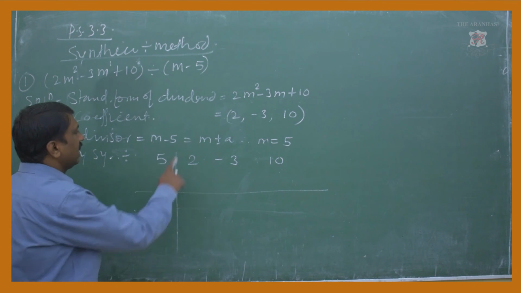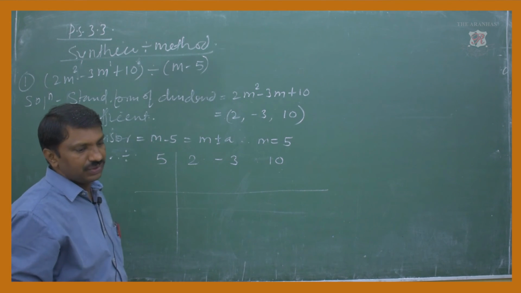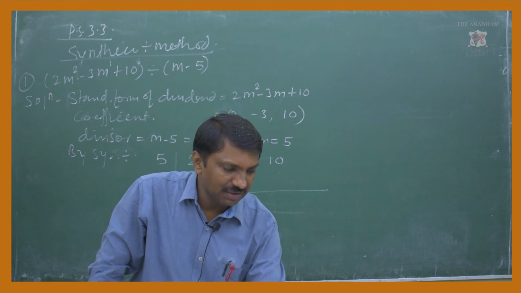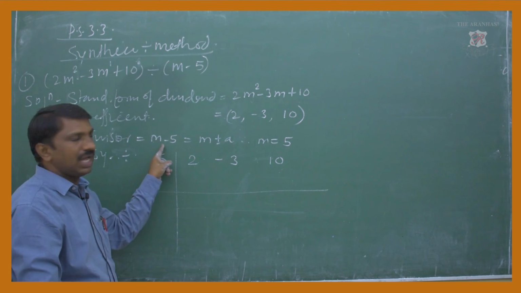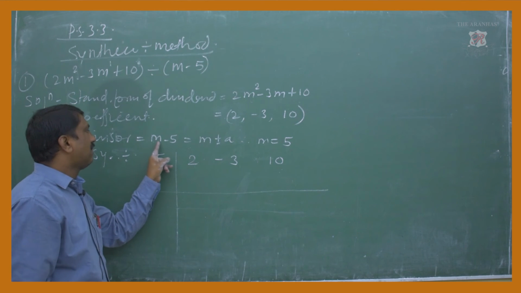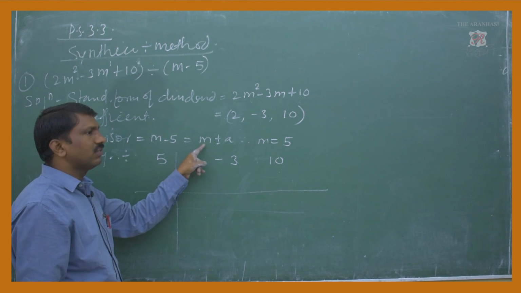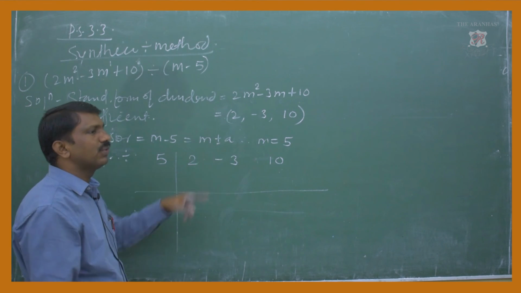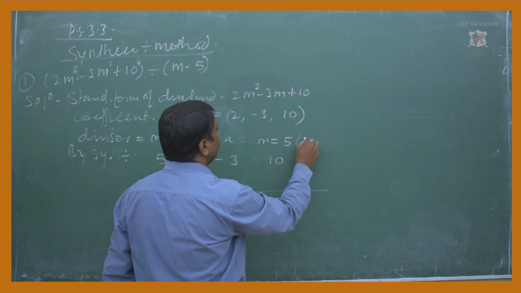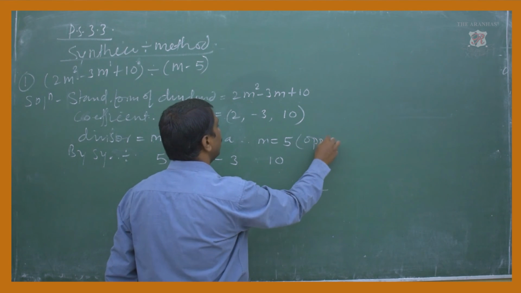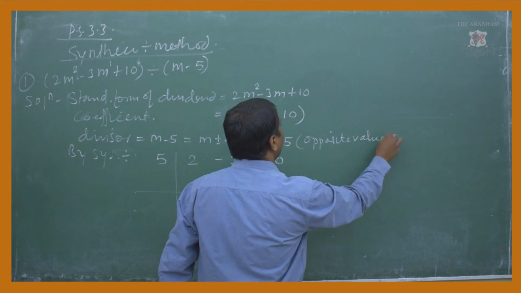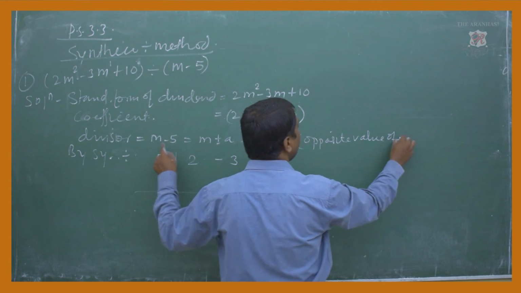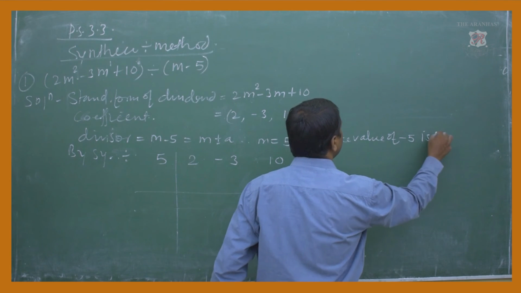One more thing I can say: you can write the opposite value. See here, I wrote that minus m minus 5 is equal to m plus minus 1. So you can mention it otherwise: write the opposite value. The opposite value of minus 5 is plus 5.